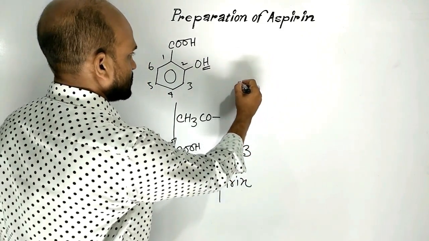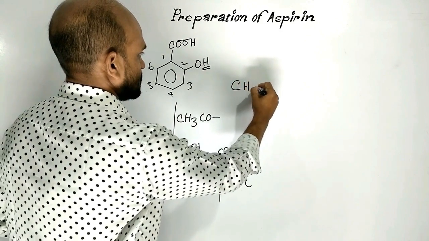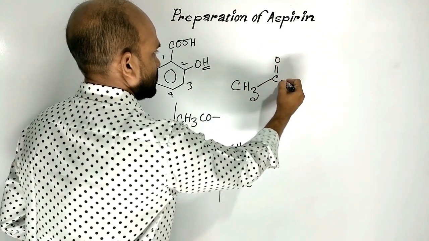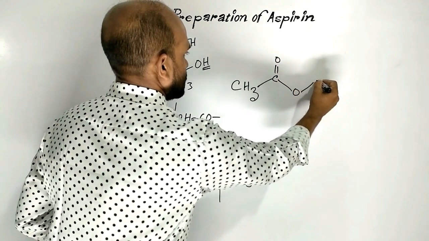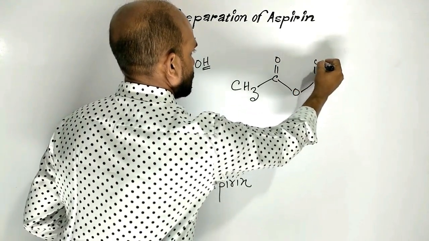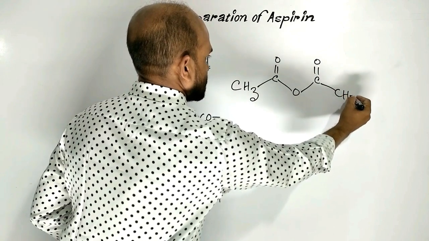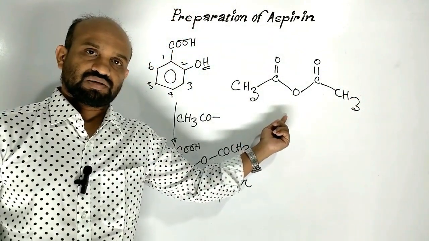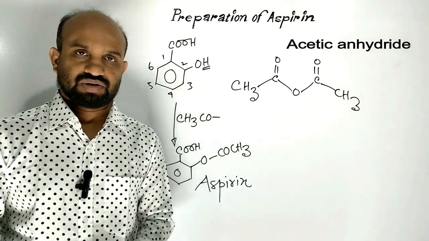Another compound, CH3 CO O CO CH3. This is known as acetic anhydride.